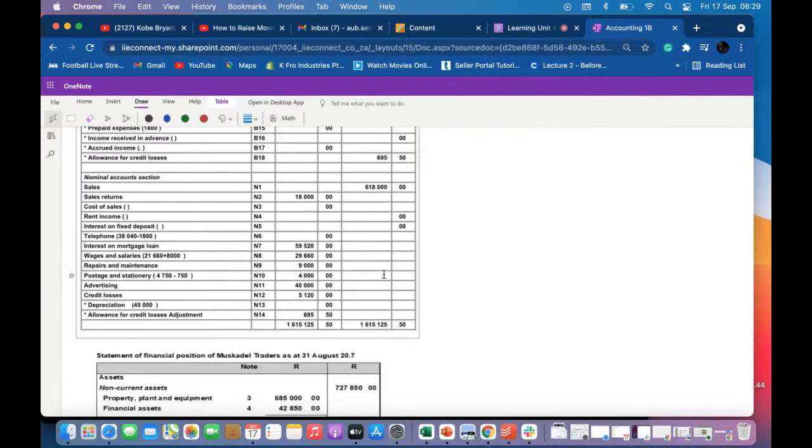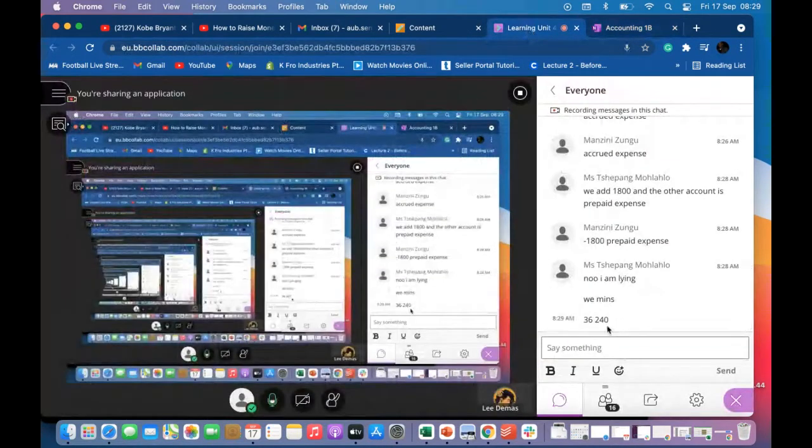Okay. What is the answer there? Can someone quickly calculate 38,000 minus 1,800? It should be 37,000 something. Oh, 36. Okay.